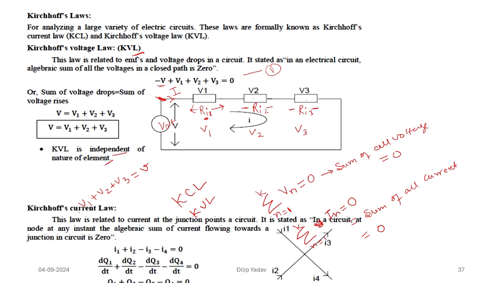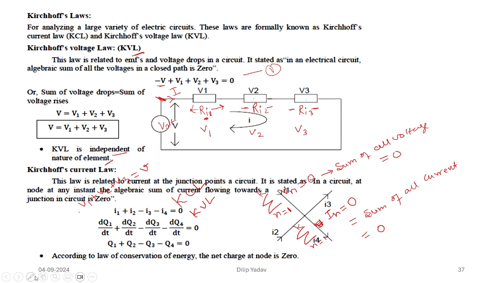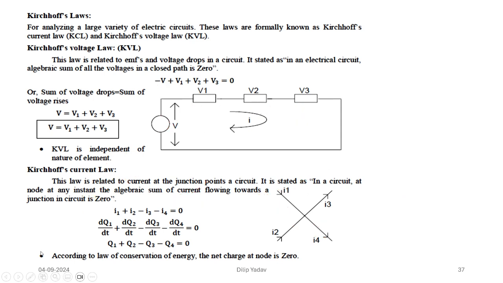Now coming forward, what is the KCL equation? This is the point, which we can call a junction, as we studied earlier. All the current that is incoming is equal to the outgoing current.